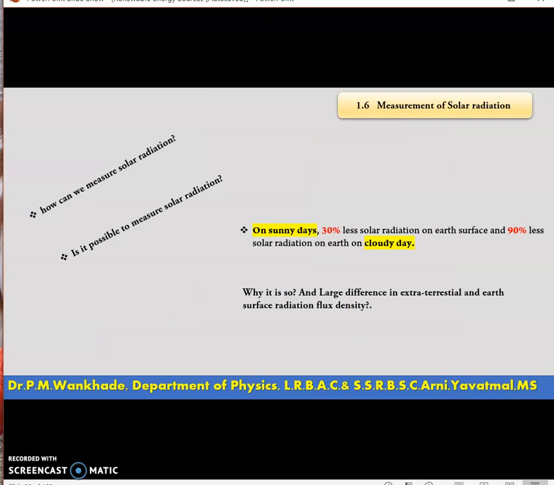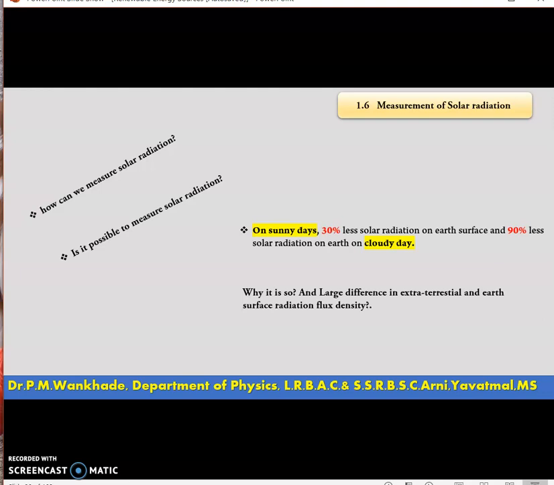As we know, solar radiation emits from the sun, and it has to travel a long distance to come to the Earth's surface. As we already studied in the availability of solar radiation on the Earth, we will consider solar radiation in terms of solar flux.